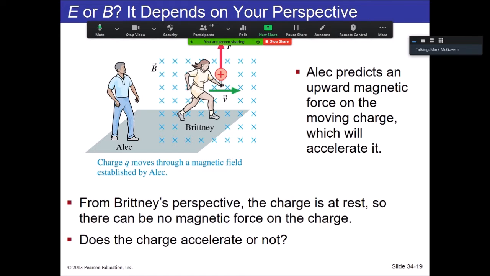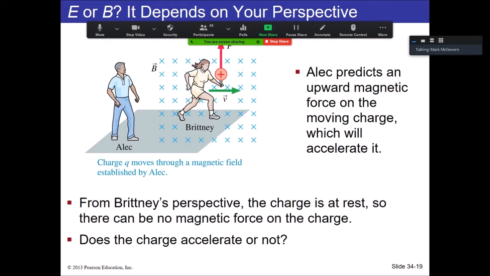So in this example here, we have two observers. We have Alec, who is considered to be the stationary frame observer. We have Brittany, who is the moving frame observer. Brittany's going to be moving to the right here in a magnetic field that's external.